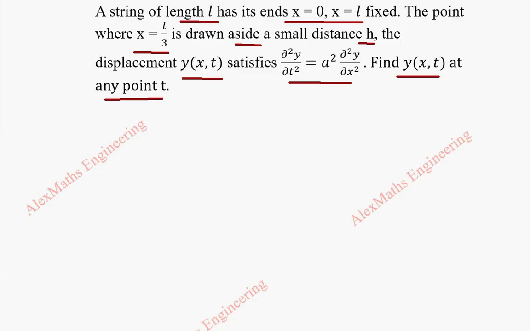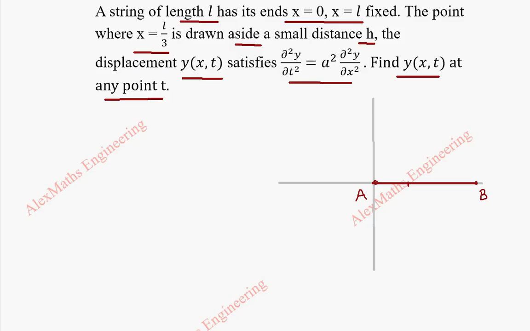Now let's take a small diagram. So we have the x-axis and y-axis. They say a string of length L, so one end is at 0 and the other end is at L. So we take a string like this, and this is point A and this is point B. Now they say the point x equal to L by 3, somewhere here, is drawn aside a small distance h.